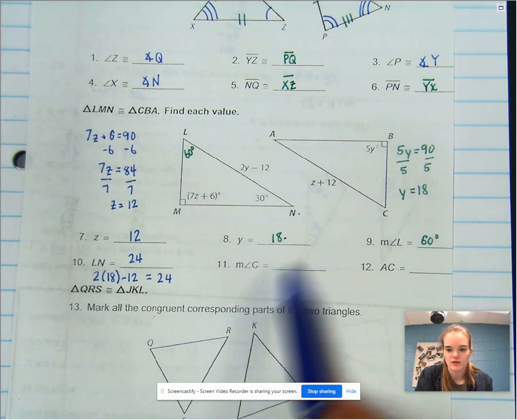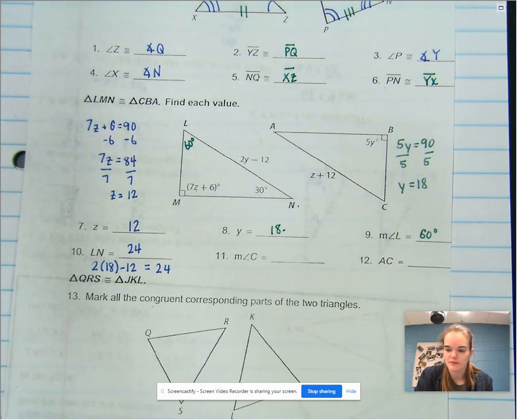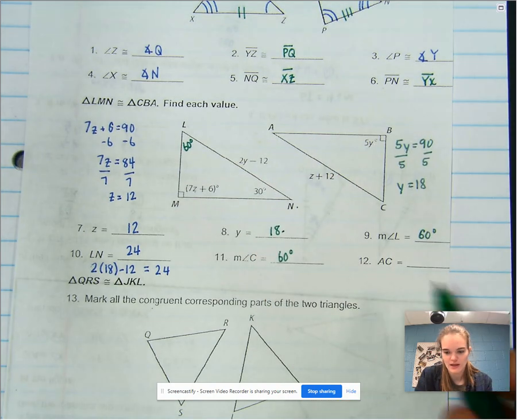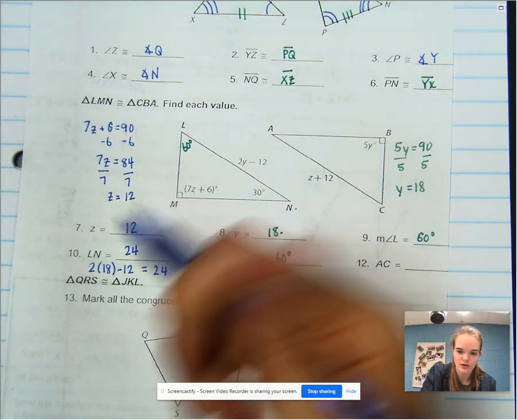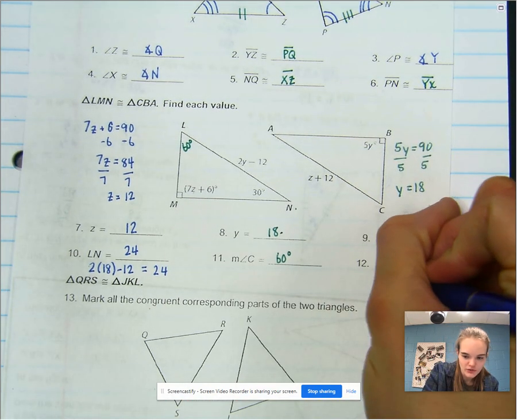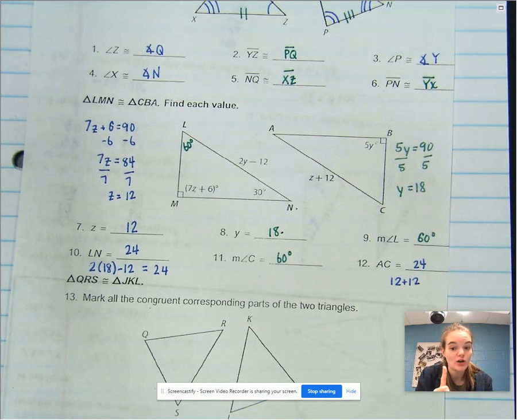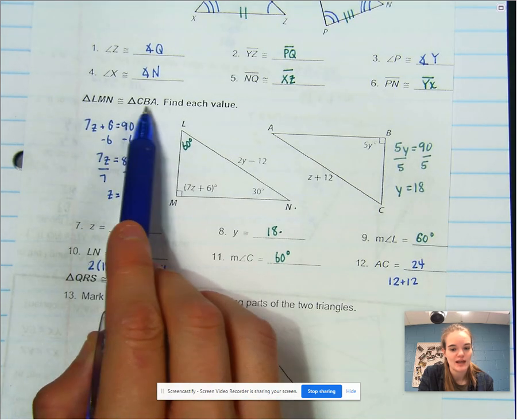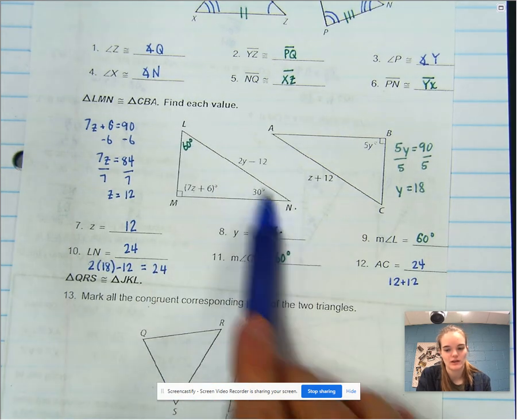Measure of angle C. Well, let's see what C is congruent to. C and L are congruent, so that means it's also 60 degrees. And last, AC. AC is Z, Z is 12, plus 12, which is 24. But also, we've already found LN, and if you look, LN and CA or AC, even if you do it backwards, are the same length.